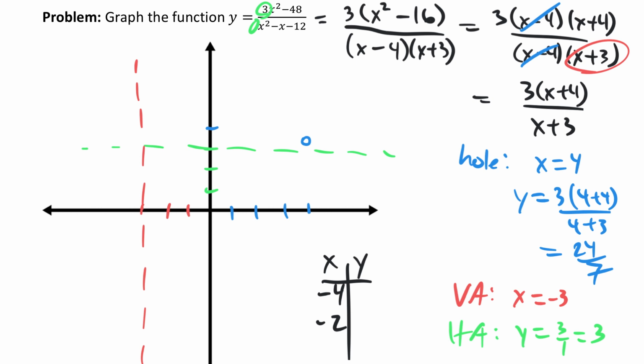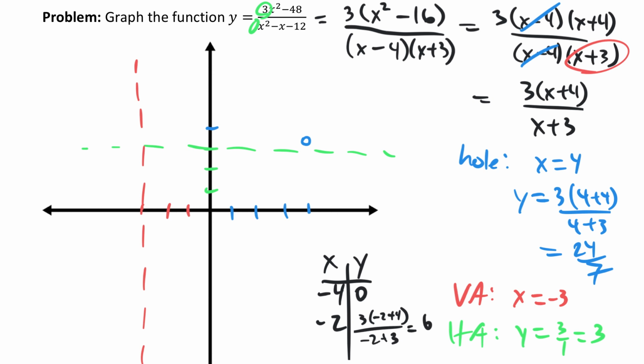So we're just going to get 0 here. So -4 and 0. When we plug in -2, we get 3 times -2 plus 4 over -2 plus 1, or plus 3, sorry. So that's 3 times 2 over 1, so 6 over 1, 6.